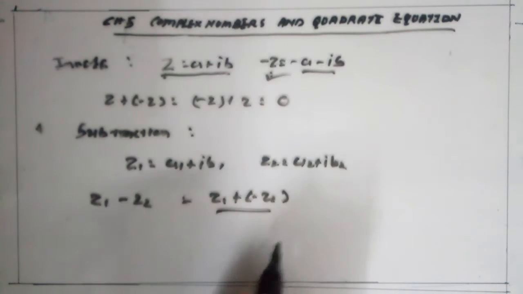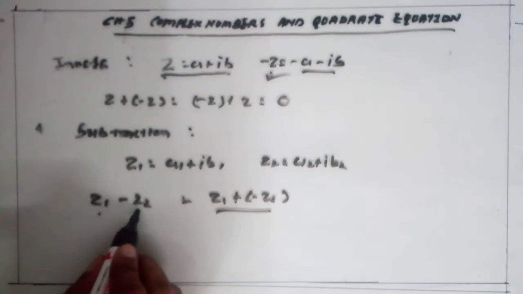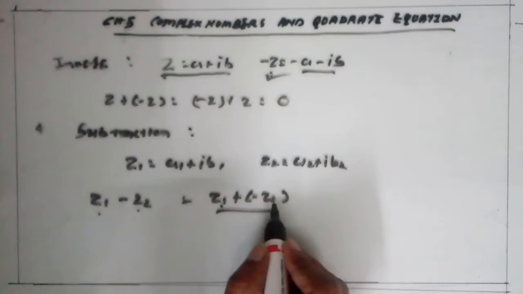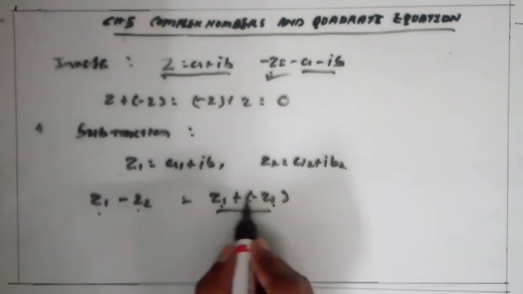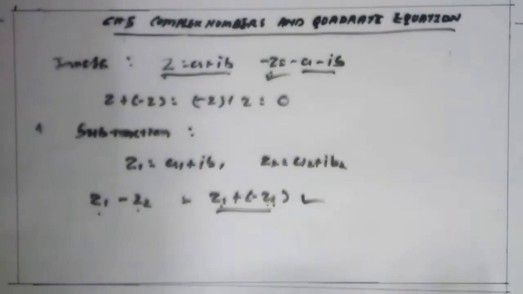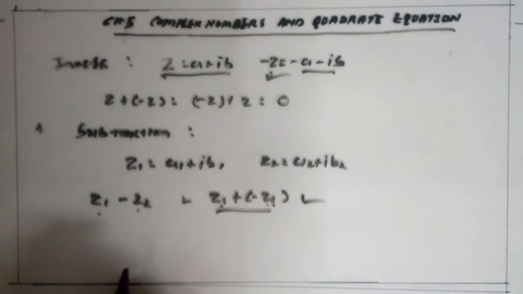Remember this here: subtraction of two complex numbers is the addition of the first complex number and the additive inverse of the second complex number, z1 + (-z2). Clear? So remember this subtraction of two complex numbers.